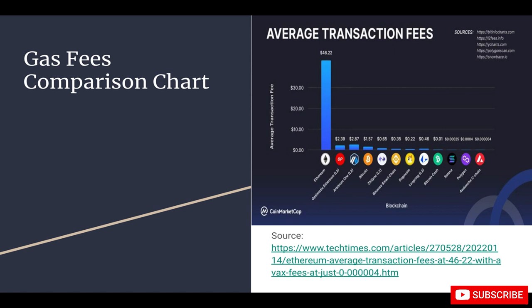the Ethereum price is definitely way higher compared to other blockchains like Polygon, for example. One Polygon is equivalent to not even a dollar, right? Maybe 70 to 80 cents. But one Ethereum is equivalent to maybe $2,000 or $1,700.